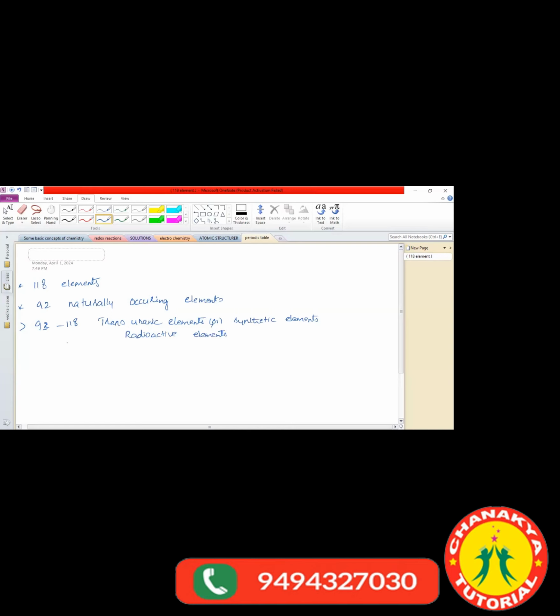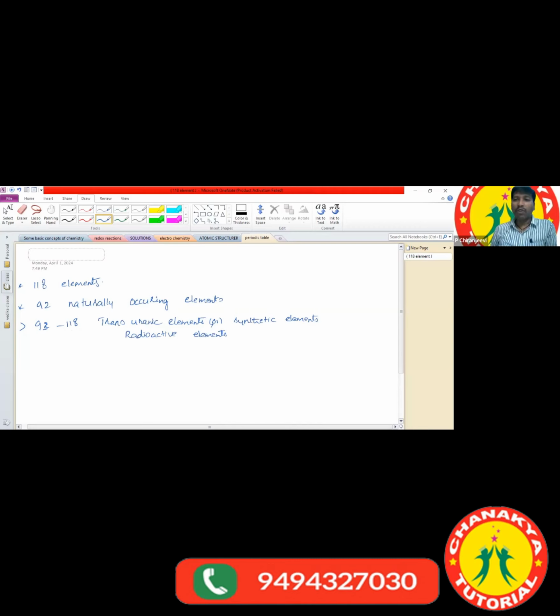What is the main importance of the periodic table? Why should we study the elements? Because we want to study the properties of compounds, and for that you must know the properties of the elements.